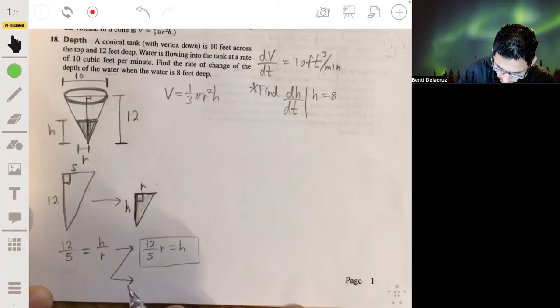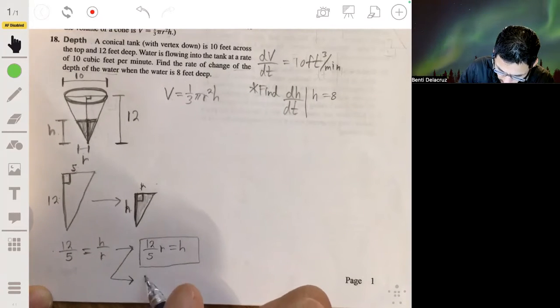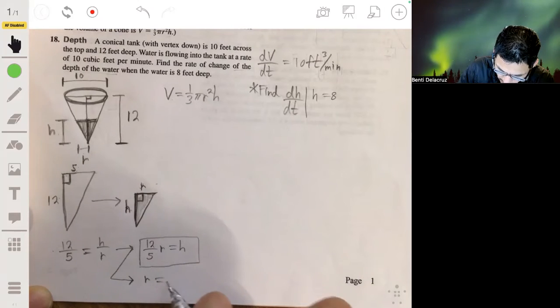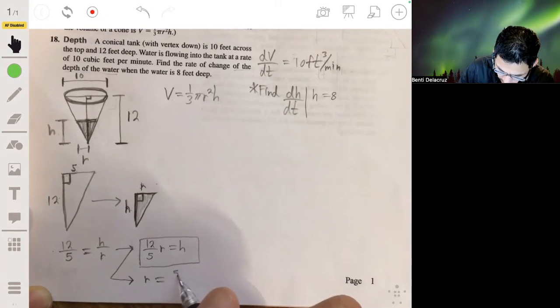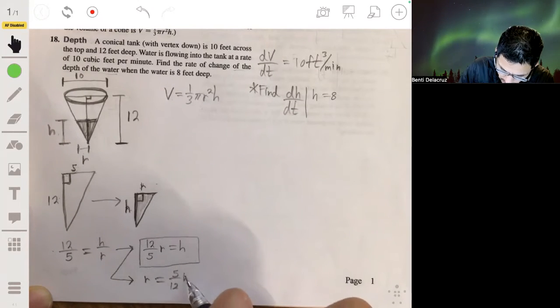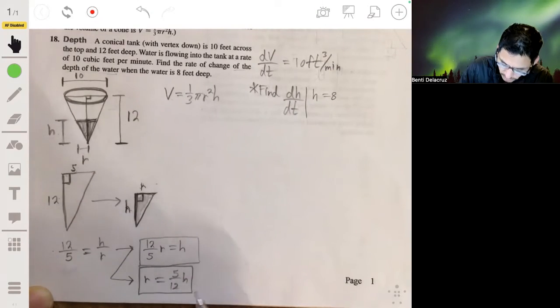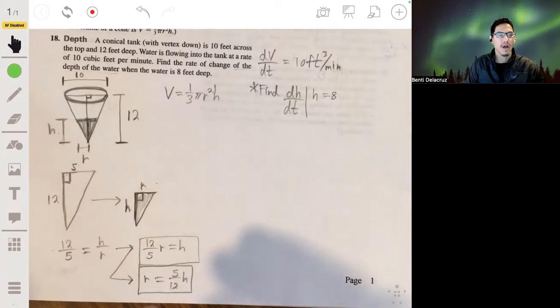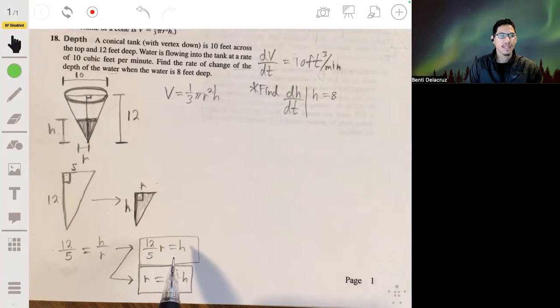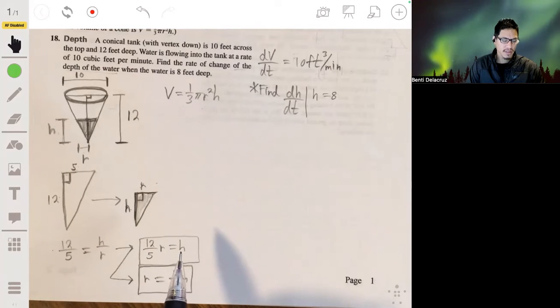Similarly, if we solve this for r, multiplying both sides by 5/12, r is 5/12 h. So we have two equations where we have one variable explicitly in terms of the other.